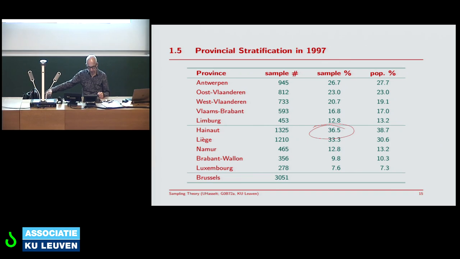No, no, no, no. It has the large sample size even, true, bigger than Antwerp, but that's because Wallonia is oversampled. If you want to compare these numbers directly, you should say that the 1,300 people in Hainaut represent like 650 people only if it were a Flemish province. So that is the oversampling, and therefore we're going to downweigh the Walloon people relative to the Flemish people.